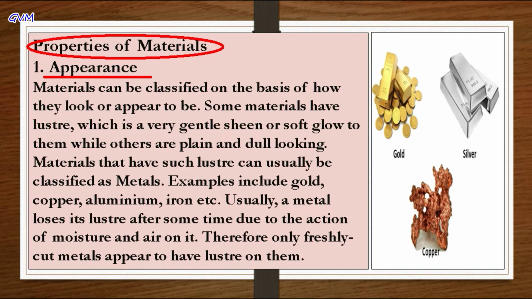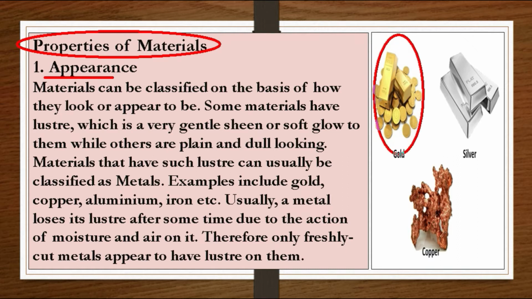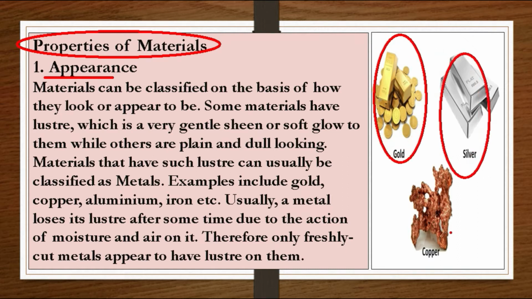And students, as you know, some materials have luster while the others are plain and dull looking. As you can see here, gold, silver, copper, and all of you know that these three materials basically are very lustrous, and that's why they are used to make different kinds of ornaments and vessels.